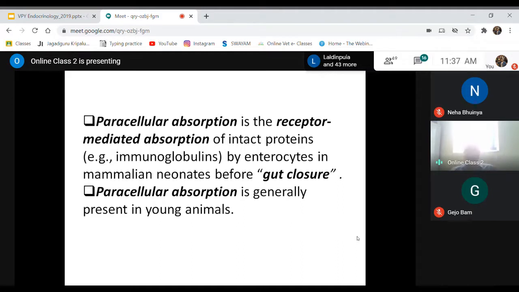That means via the intestinal epithelial cells or enterocytes, and there will be two mechanisms. One will be active absorption, and another will be passive absorption. Active absorption means because of a concentration gradient, and passive absorption means with the help of some other compounds or mediators.